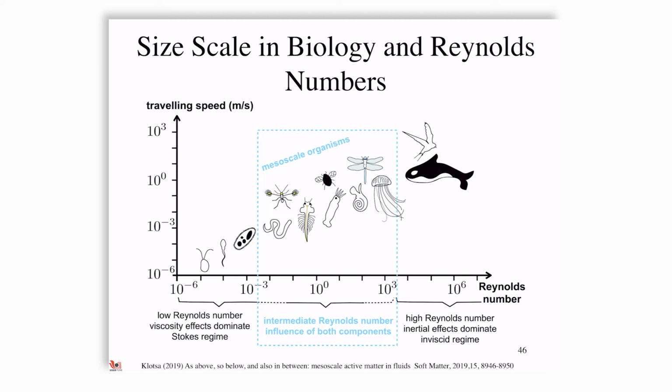So if you focus from a quantitative cell biology perspective or a cellular biophysics perspective, then of course we're looking at Reynolds numbers of 10 to the power minus 3 to minus 6.